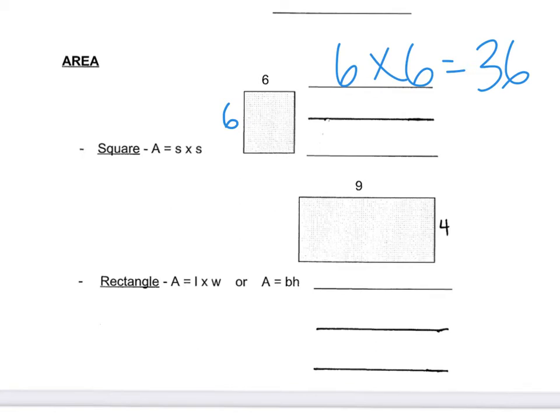Now, when you take an area of an object, you're finding what are known as square units. Square units could be anything from square inches to square feet to square yards. At least when I teach this in class, I try to show what that means so kids get a better feel for it.